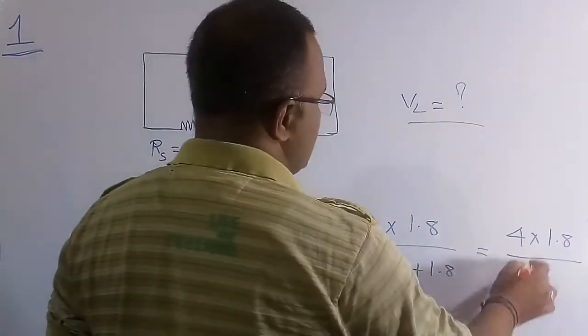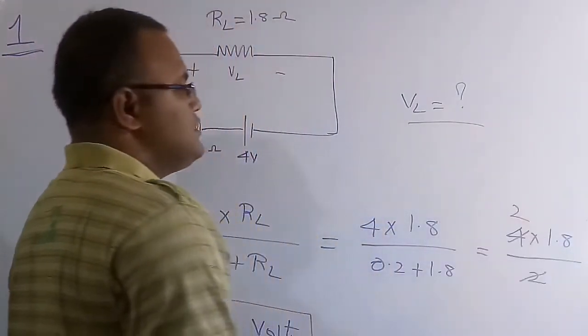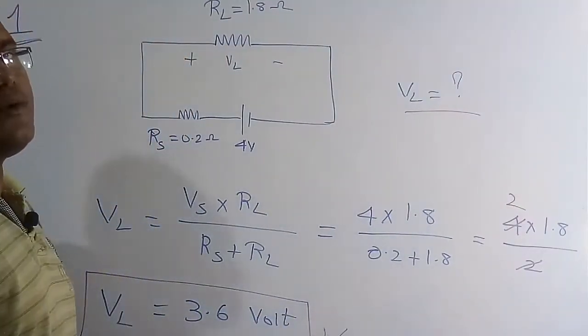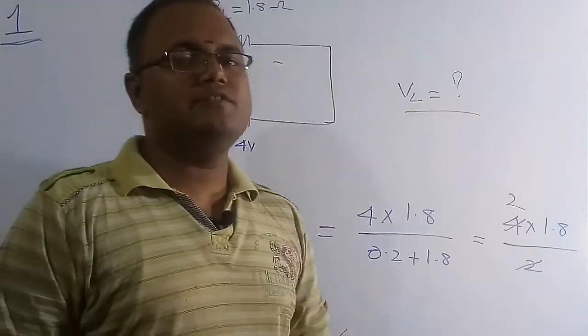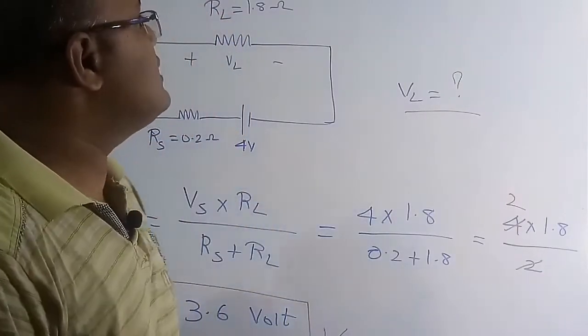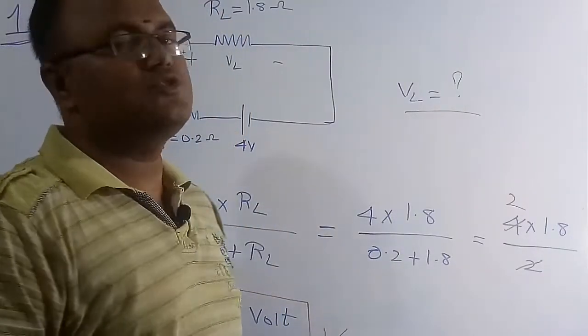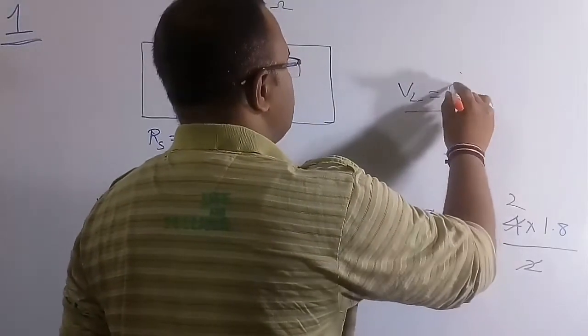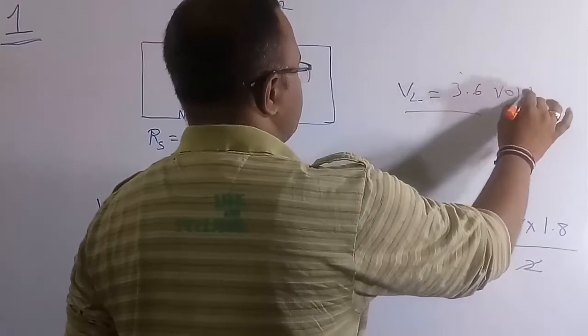So 1.8 into 4 by 2 is nothing but 3.6 volt. Therefore, the load voltage is equal to 3.6 volt. By applying the voltage division principle, we have figured out that the voltage across the load resistor RL is 3.6 volt, which is the correct solution of this question.